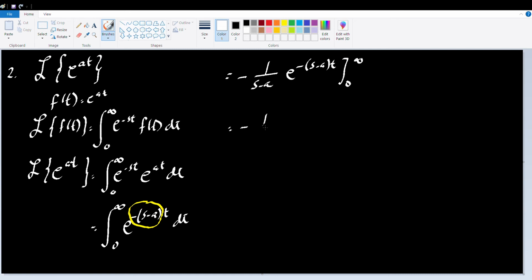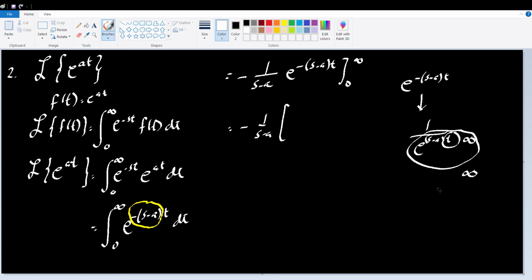So negative 1 over s minus a times, again, for the upper limit infinity, e raised to negative quantity s minus a t is the same as 1 over e raised to s minus a t. But since t approaches infinity, the entire denominator also approaches infinity, and 1 over infinity, the limit will be 0. So that will be 0 for the upper limit minus the lower limit.